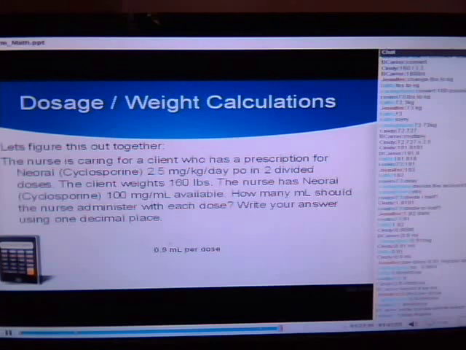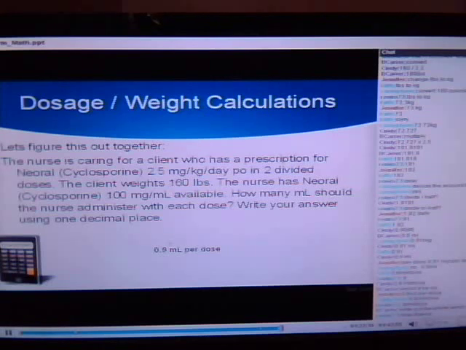So this is very tricky. We got a couple things going on here. First, it said in 2 divided doses, so we figured out we had to give 1.82 milliliters a day, but a lot of people forget to divide.